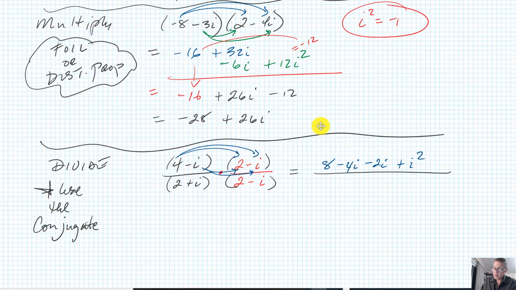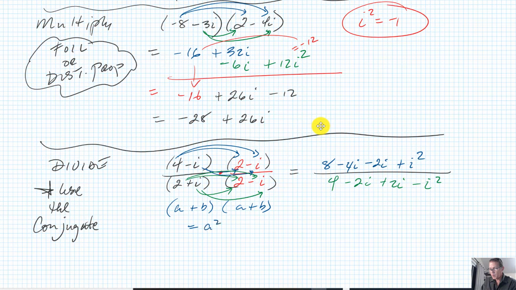Down on the bottom here, again, 2 times 2 is 4. 2 times negative i is negative 2i. i times 2 is 2i. And then i times a negative i is negative i squared. Or, if you guys were insightful, you could use structure: a plus b times a minus b always equals a squared minus b squared.